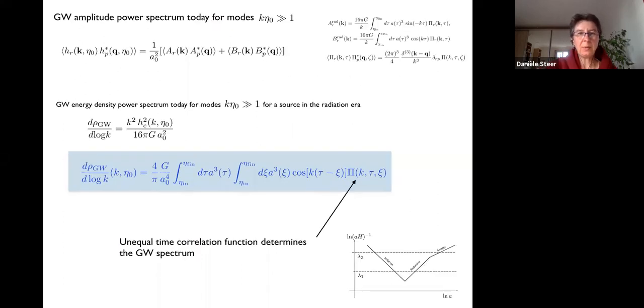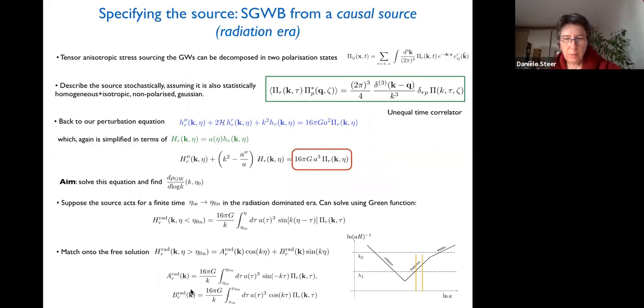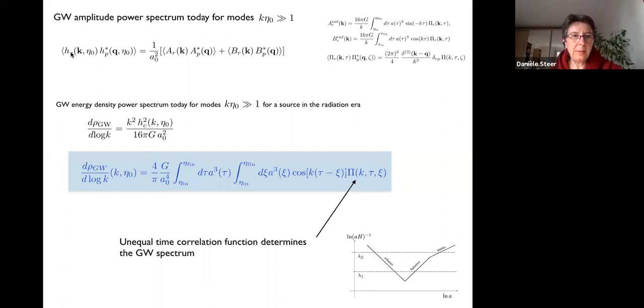Now, we already saw previously that once we have free modes, which is what we're looking at after the source is switched off, we've already calculated this correlator on subhorizon scales, and we saw that it was given by 1 over a squared, which I'm now evaluating today, so 1 over a0 squared, times these two two-point functions. And now we can calculate those two-point functions because we have the expressions for A and B here on the right-hand side.